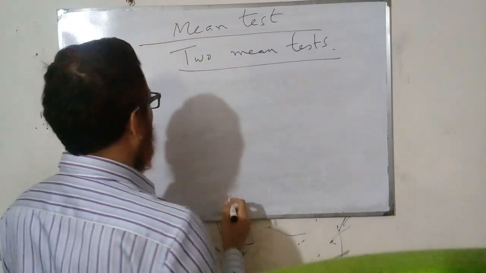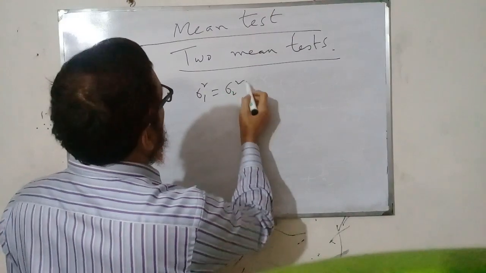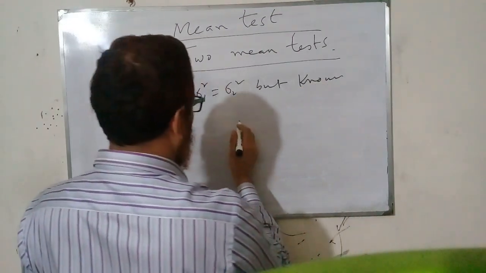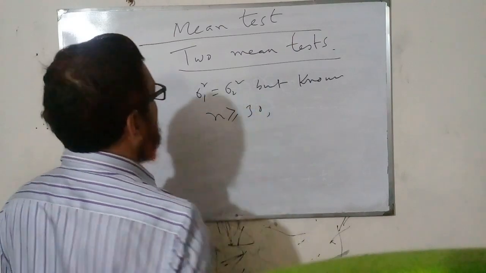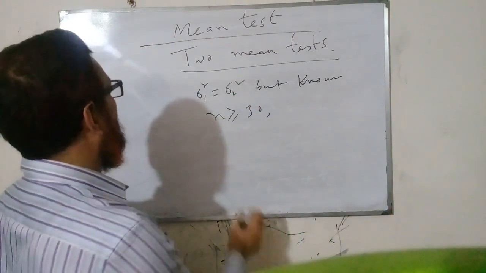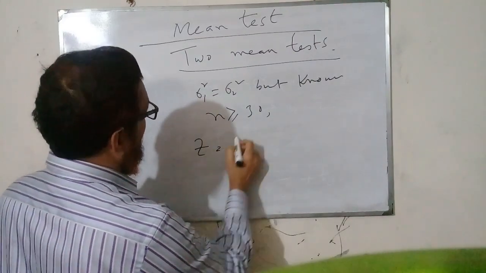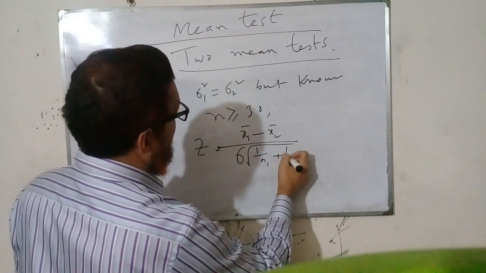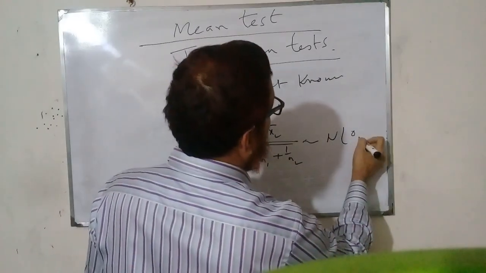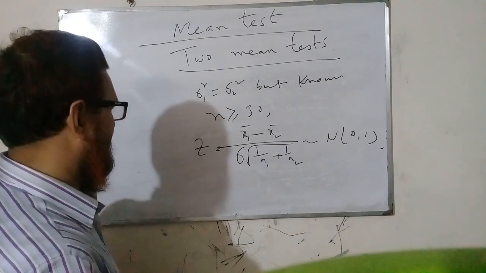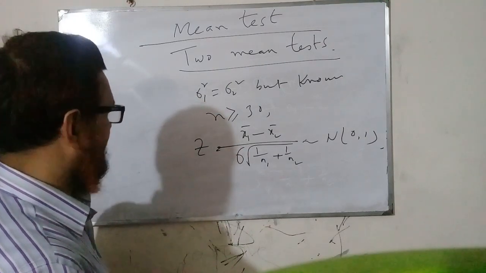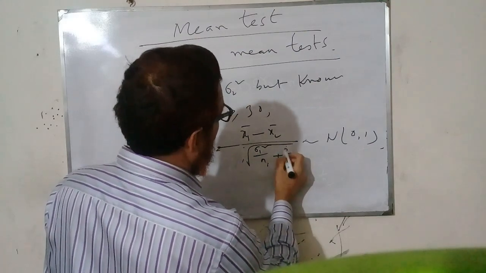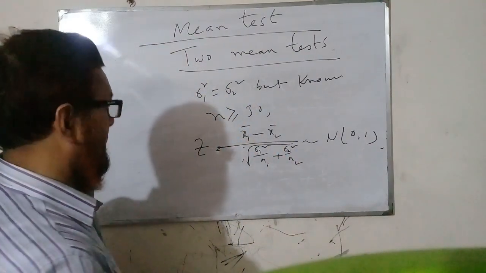If population variances are equal but known, or estimated from large samples, then we can use the normal test, that is z equal to (x1 bar minus x2 bar) divided by sigma root over (1 by n1 plus 1 by n2), which follows the standard normal. Otherwise it is root over (sigma1 square by n1 plus sigma2 square by n2).